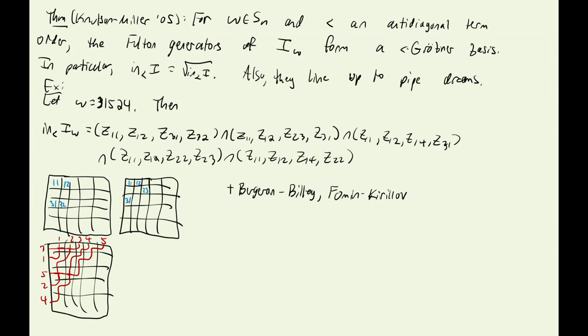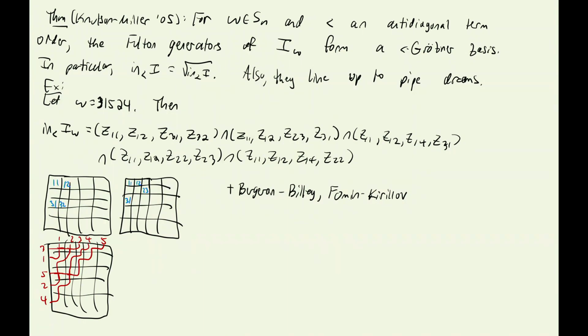So we already knew that these RC graphs, as Bergeron Billy called them, or these pipe dreams, give us Schubert polynomials. And so from the information that we've seen so far in class, we can go from here to the Schubert polynomial, even if that's historically.